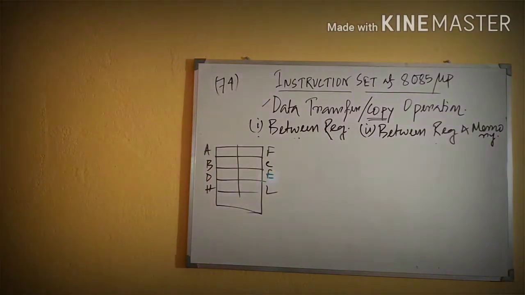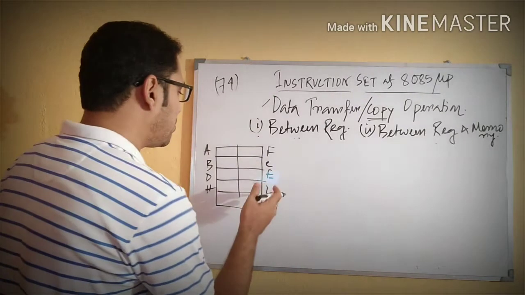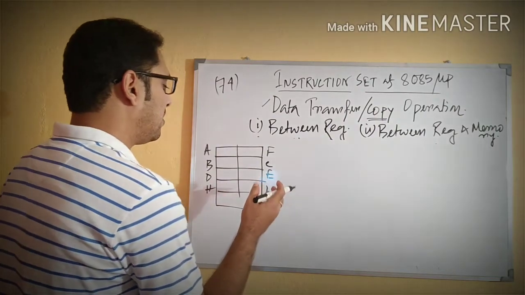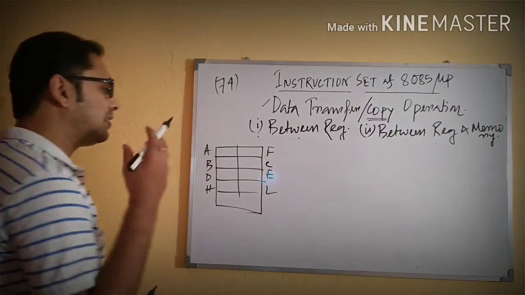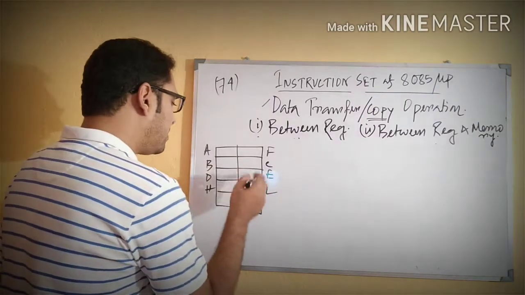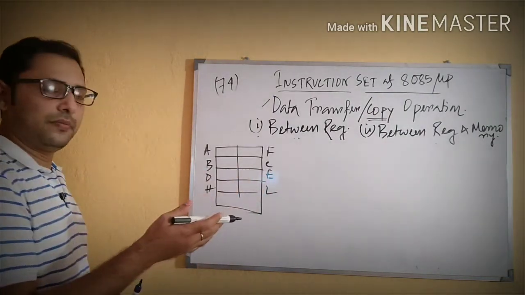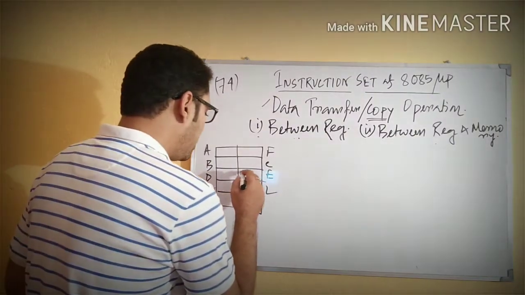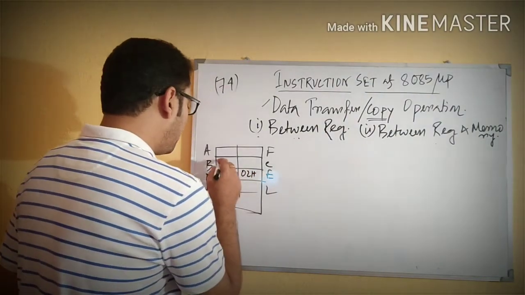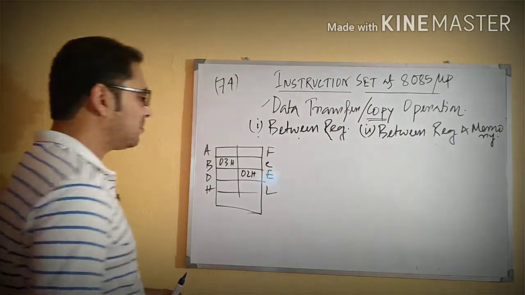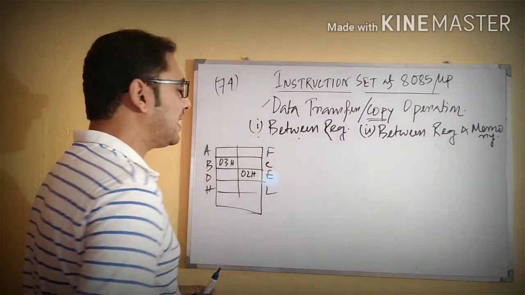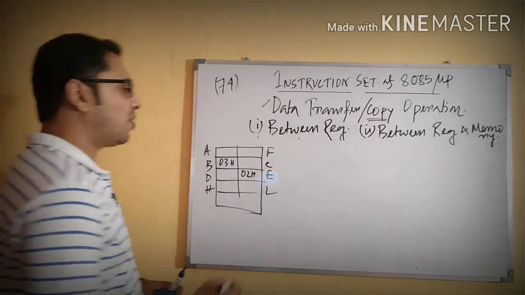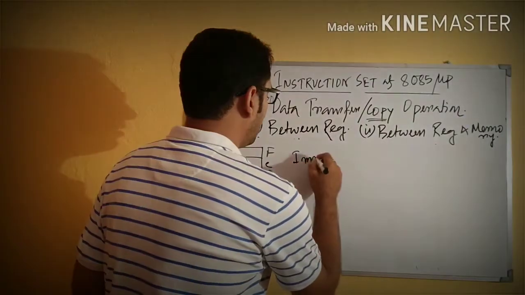Now if someone says, sir, I directly want to load any of these registers with a value, suppose I want to put 02 here, I want to put 03 here, can I do that? That is possible. This kind of data is called immediate data.